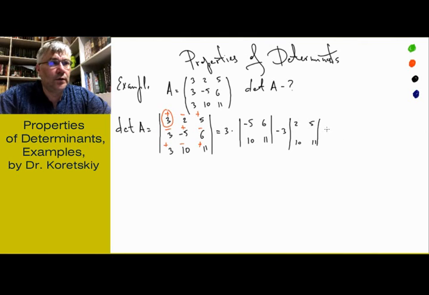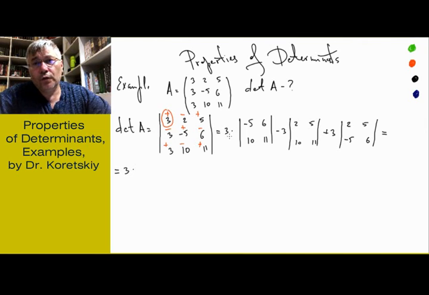And the last one, 3. If we exclude the third row and the first column, here we have 2, 5, minus 5, 6. So we have here 3 times.